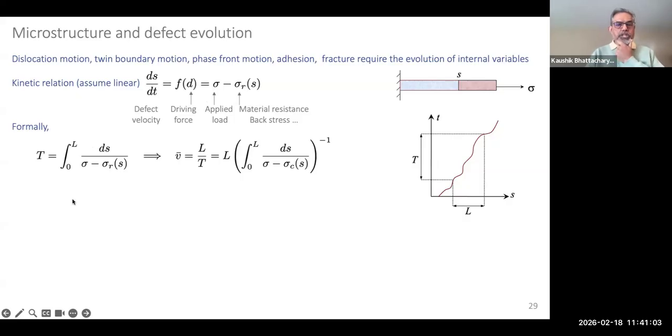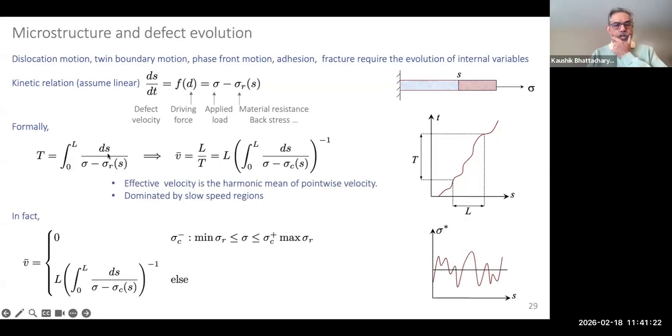But in order for me to integrate it, I have to assume that sigma is always greater than sigma r, or sigma is always less than sigma r. But what happens if it is in between? Because sigma is the load that I'm applying, and sigma r is my material. So you see what the correct interpretation is.